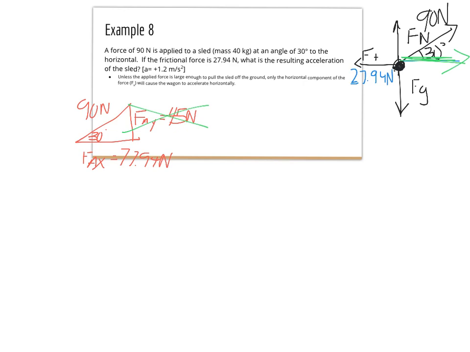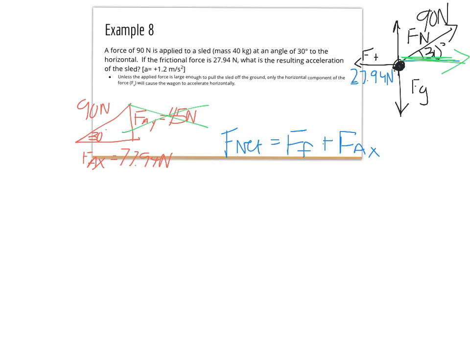We are going to look that F net is equal to the force of friction plus the applied force in the x direction. Okay, one more time. The object is not being lifted up. Its path is going to be horizontal in the end. We are going to only calculate the acceleration in the horizontal direction. Therefore, we are only considering the horizontal direction for F net.